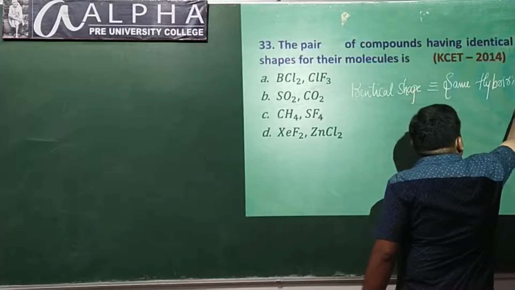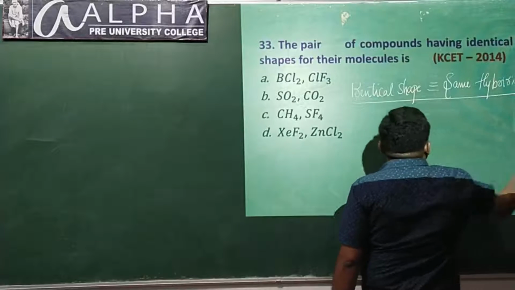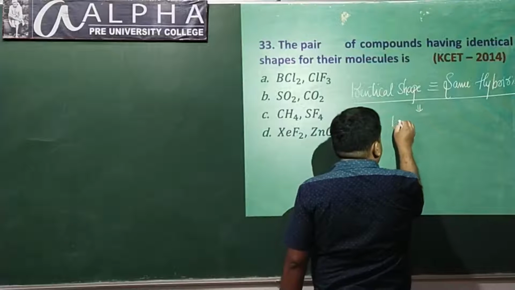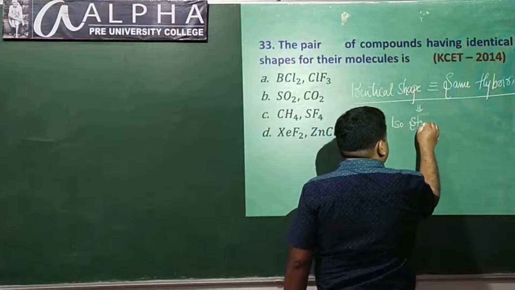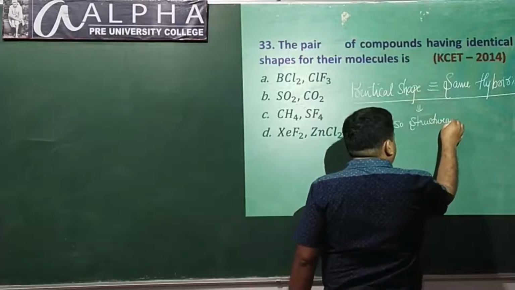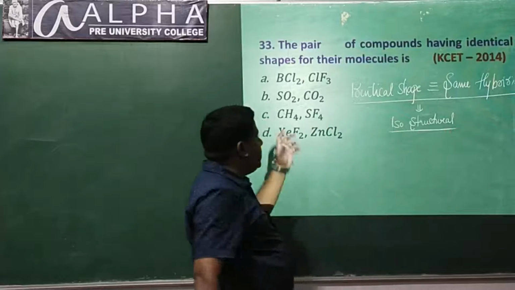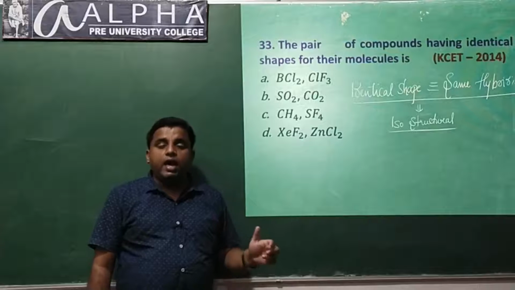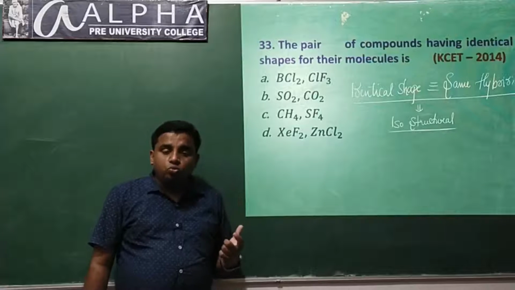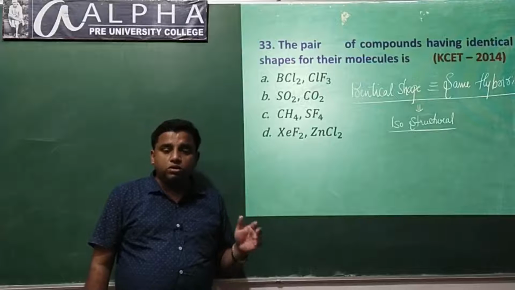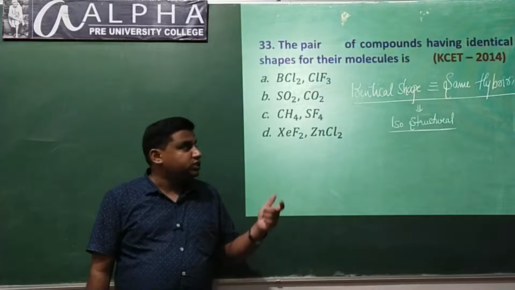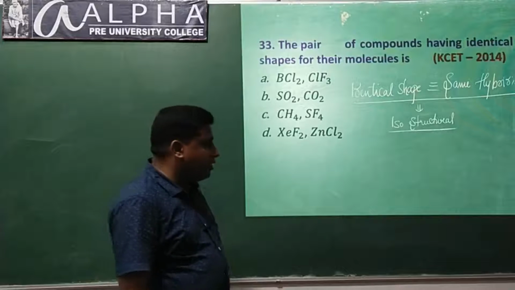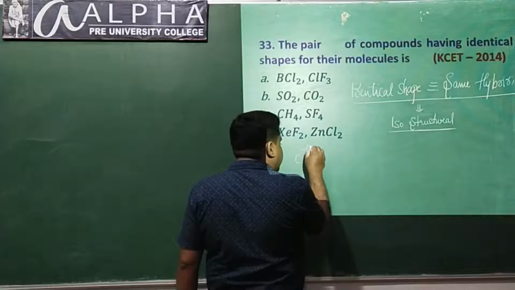And when they have identical shape or same hybridization, we say they are isostructural. So for these individual molecules, we have to calculate the hybridization and check for which pair of compounds the hybridization is the same. If the hybridization is the same, they have the same shape. If they have the same shape, they are called isostructural.